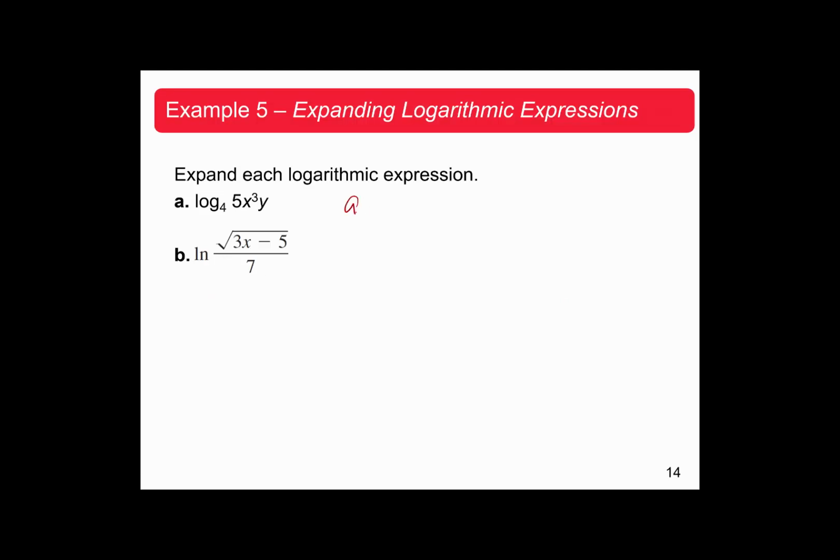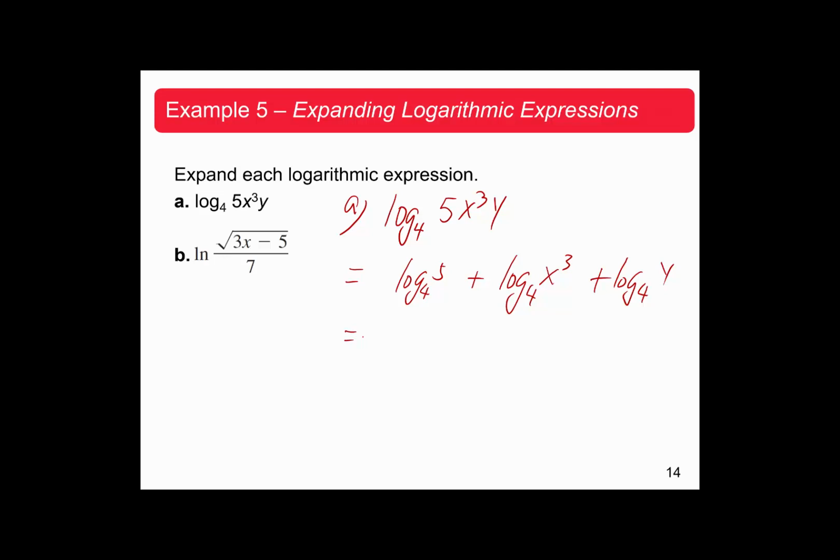If you have log base 4 of 5x cubed y, according to the product rule, it becomes the sum of 3 different logarithms of base 4: log 4 5, plus log 4 of x cubed, plus log 4 y.